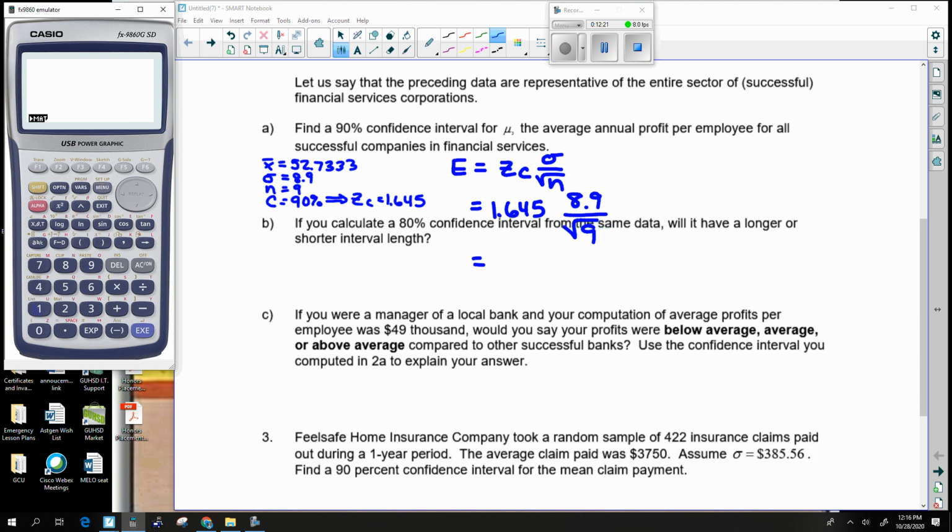Get to a calculator that I can actually use. So E is 4.8802.